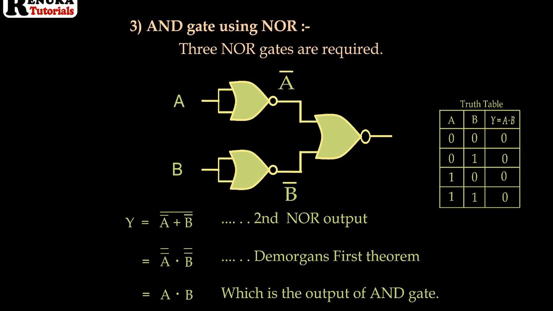Using De Morgan's first theorem, complement of sum is equal to product of complements. So here a double complement dot b double complement will be at the output. Double complement means no complement. So y equal to a dot b will be the output. So here at the output we are getting the product of two inputs. So this gate will behave like an AND gate.